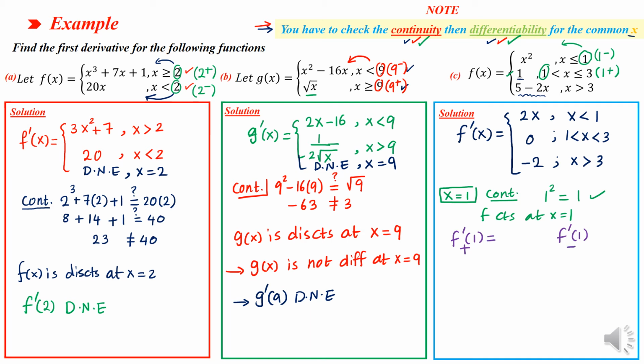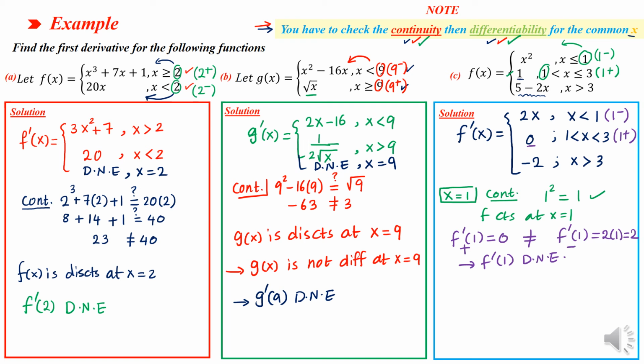From the right, it means from here we have 1 from the right, and it equals 0, and f prime of 1 from the left, from here, equals 2 times 1, which equals 2. As you see, the two derivatives are not equal, which means that f prime of 1 does not exist. So f is not differentiable around x equals 1.